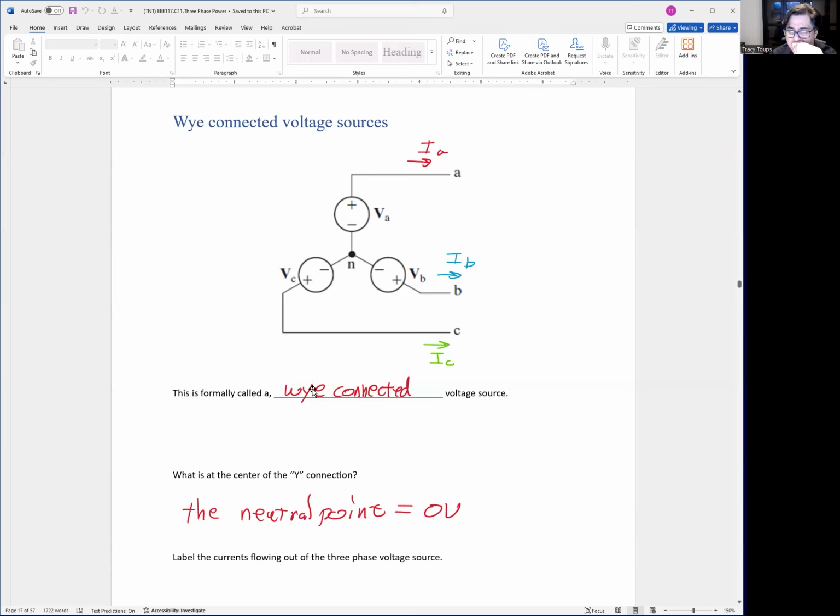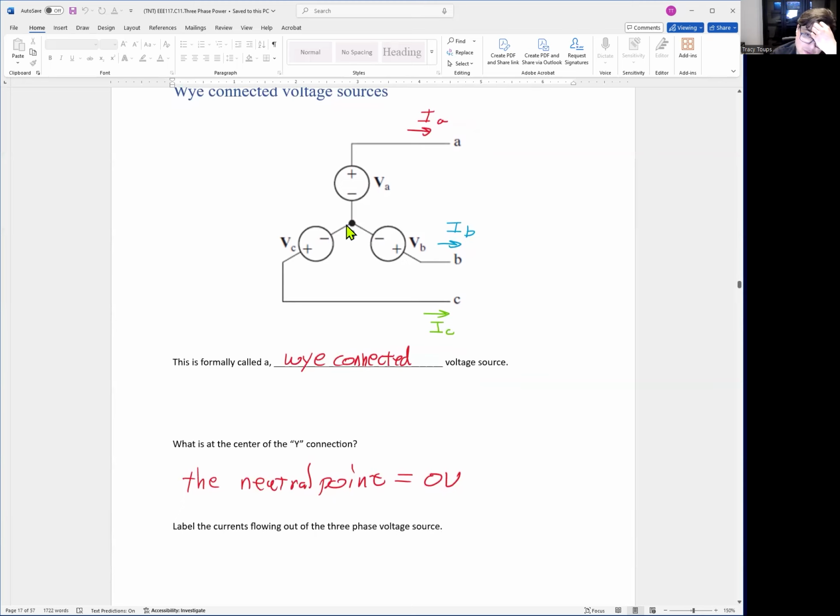And the main thing to drive home here is the neutral: all the negative terminals of each generator source should come together to a bonded neutral point, and that neutral point should be 0 volts. Okay. Coming out of the generator, you have IA, IB, and IC. So this is a Y-connected voltage source.